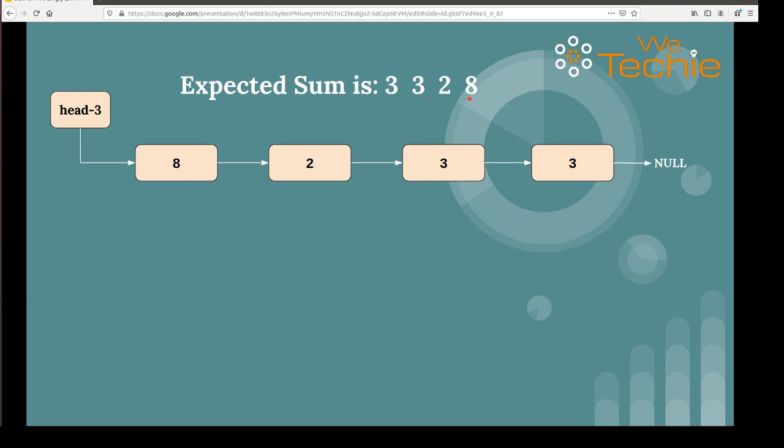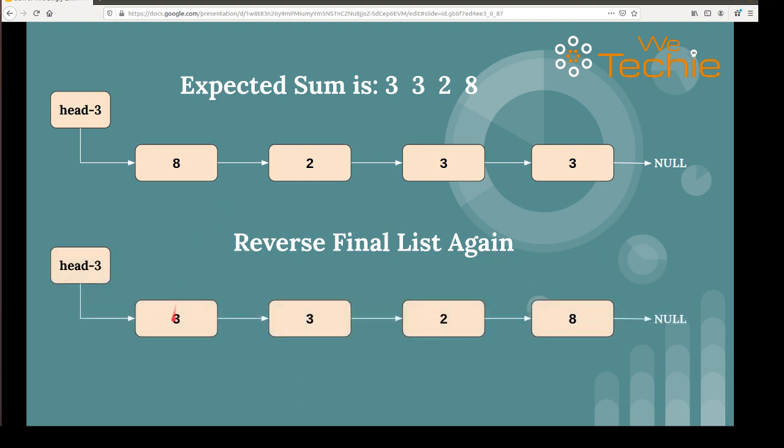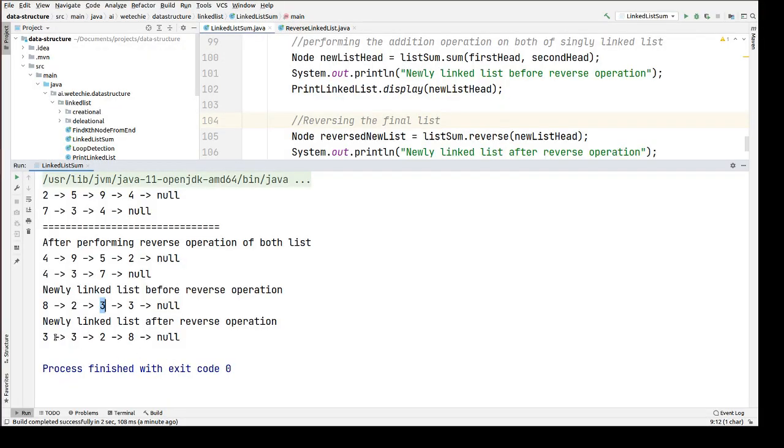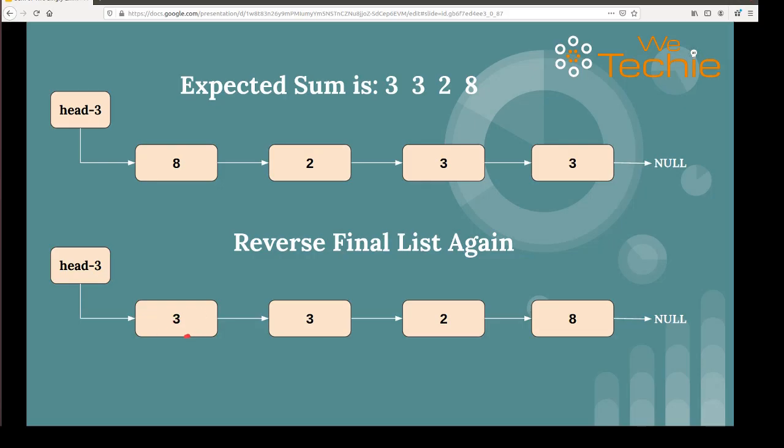So let's reverse this final list again, and we should have 3, 3, 2, 8. Newly linked list after reverse operation is 3, 3, 2, 8, and the 8 reference is pointing to null.